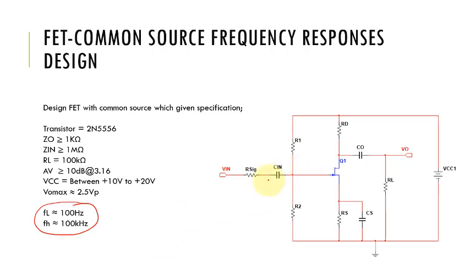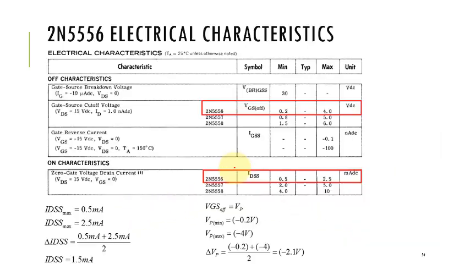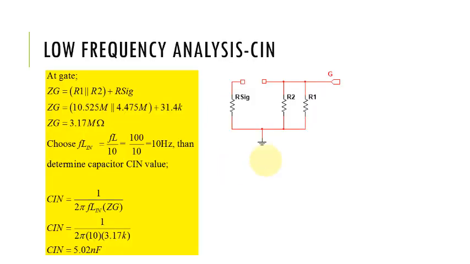So basically, for the low cutoff frequency, we need to determine the value of the capacitor, right? So we need to know what the value of the capacitor at the gate is, in order to get it when we set the low cutoff frequency.